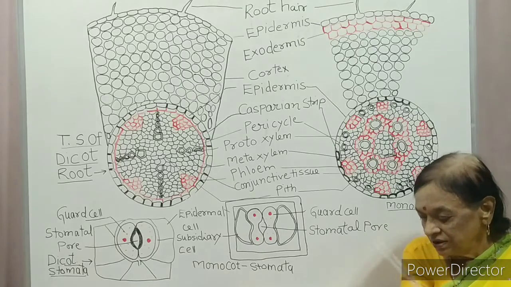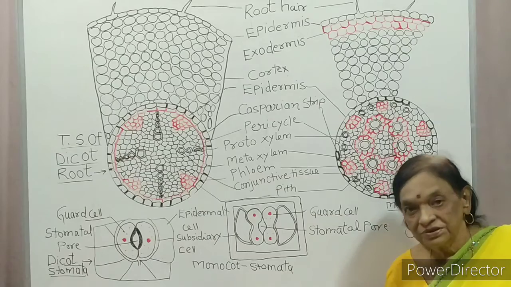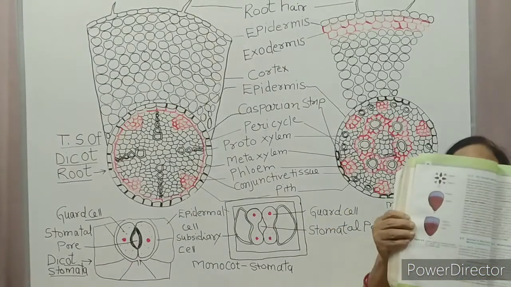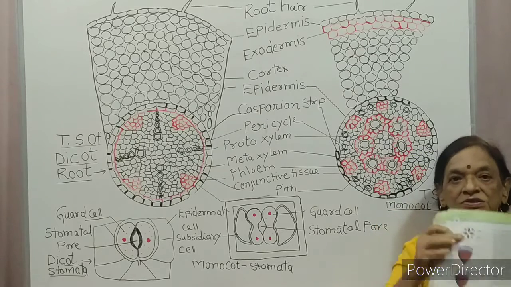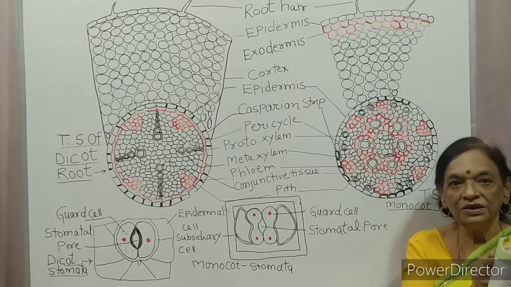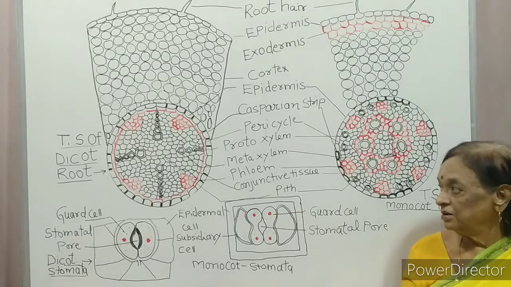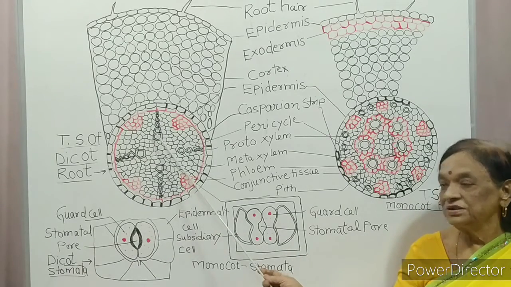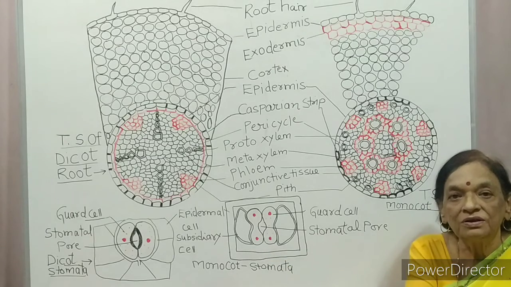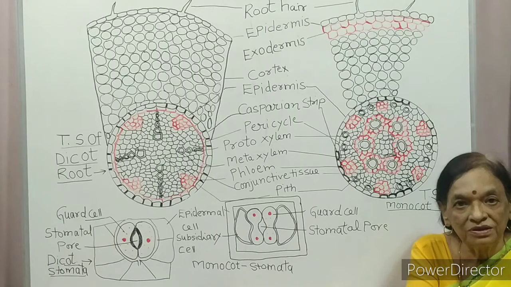Now you can see the vascular bundle given on page number 90. Look into the page number 90. First diagram shows radial vascular bundle. Radial means alternate patches of xylem and phloem. You can see this is xylem, this is phloem. In our book, diagrammatic representation is given.